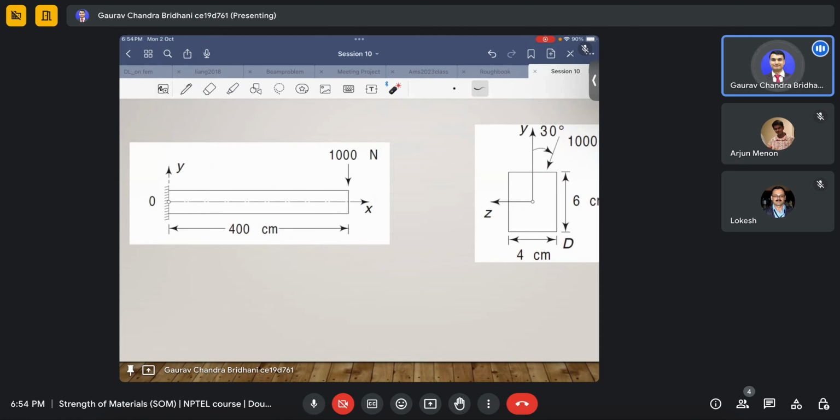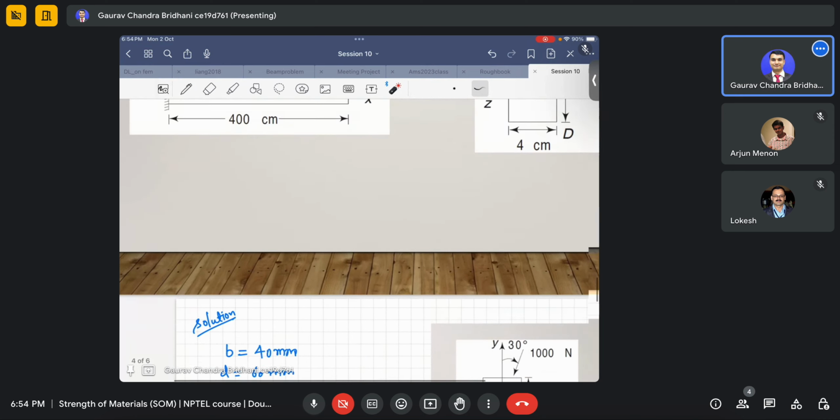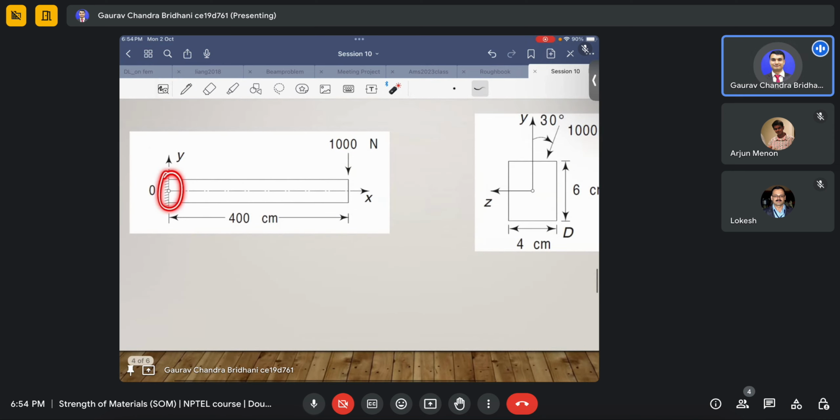P cos theta will cause tension on the above. It will cause a hogging bending moment, tension above and compression below. So that means it will be negative, and we need to find the moment at this end, because our calculations are for this point, so we need to know the moment at this cross section.